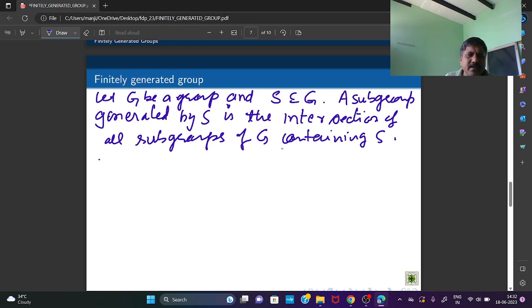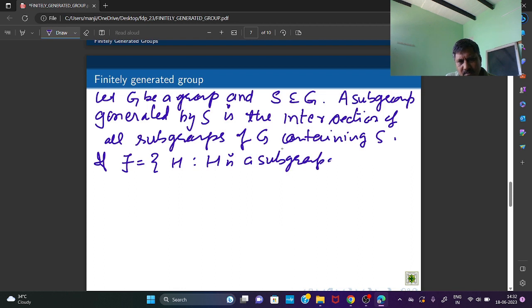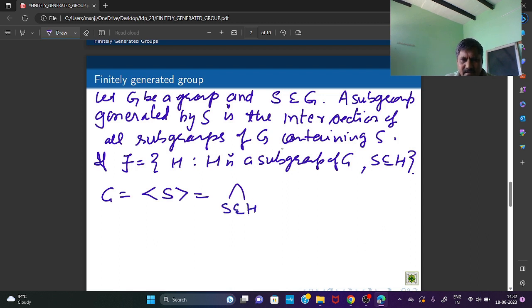We can say that if there is a family of subgroups H, where H is a subgroup of G, and this family has a subfamily that contains S, then G is said to be generated by S, and written as this, if it is the intersection of all such subgroups.